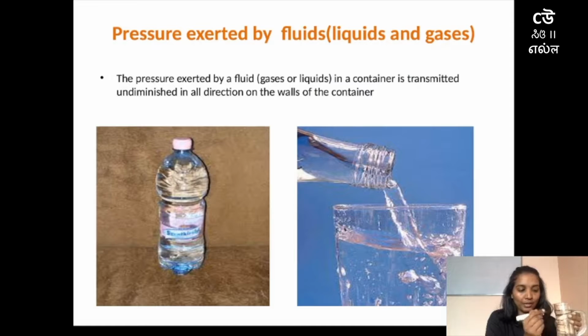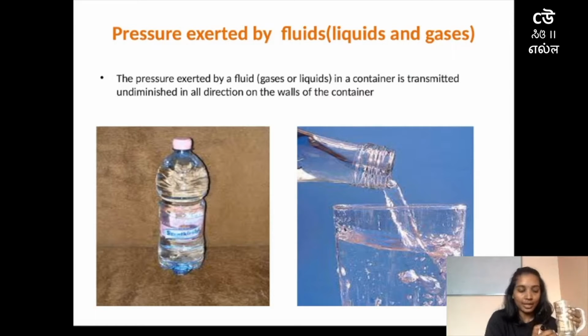The topmost layer is less dense because no other layer exerts pressure on it. There will be atmospheric pressure, which is a different concept that we will study later. So the density of the molecules in the top layer will be less. Therefore, the pressure exerted in the topmost layer will be less when compared to the bottommost layer.